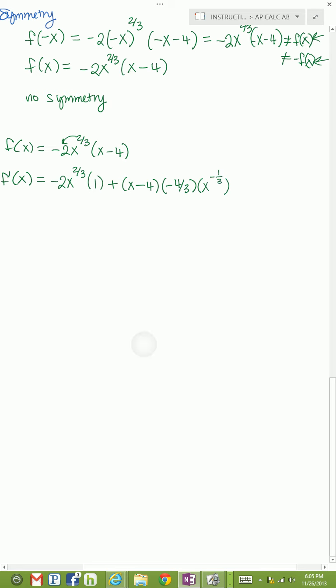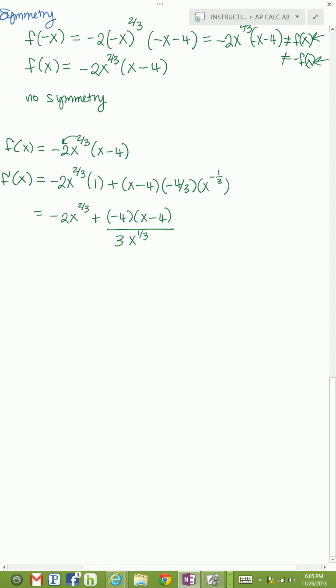In this case, I'm going to simplify as much as possible, so negative x to the 2/3. The negative 4 and the x minus 4 will stay in the numerator. The 3 will be in the denominator along with the x to the 1/3.